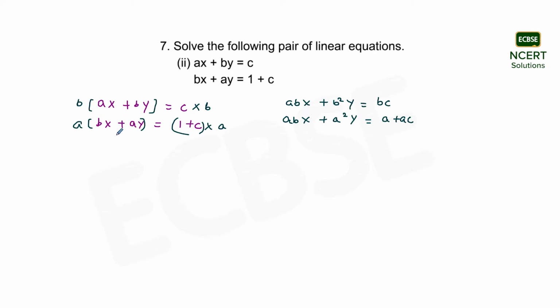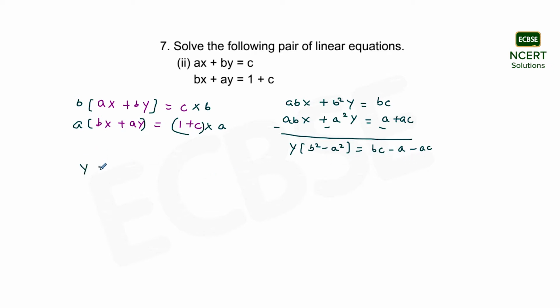Now what I'll be doing next is subtracting the second equation from the first equation. What it means is that I'll be altering the sign of the second equation, and after alteration I'll be adding it to the first equation. So here I'll be getting y, and in the bracket it will be b square minus a square, and the constant term will be bc minus ac minus a, right? So this will be the constant term.